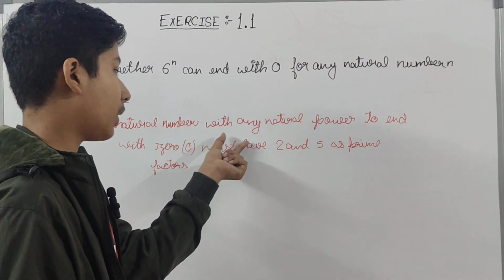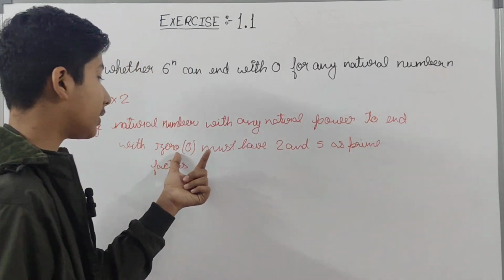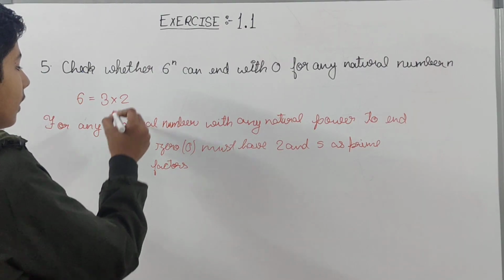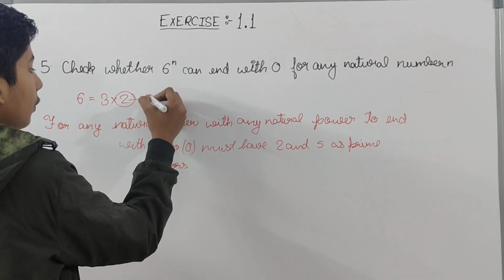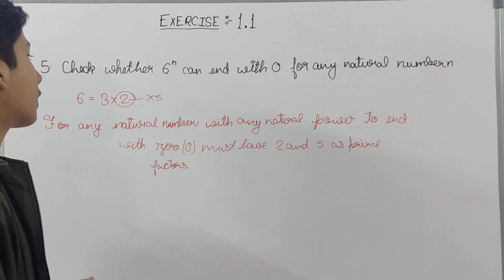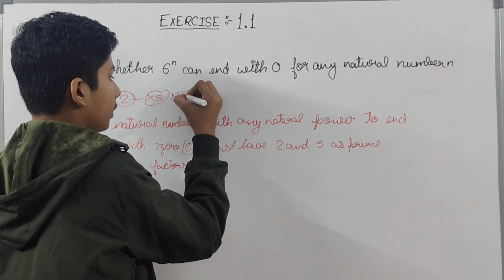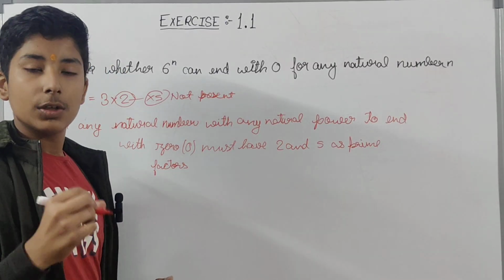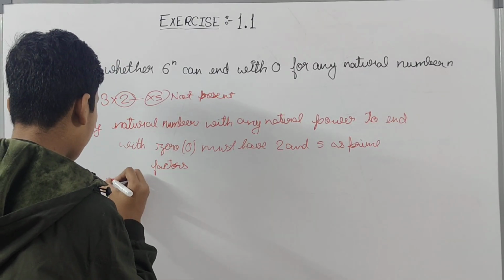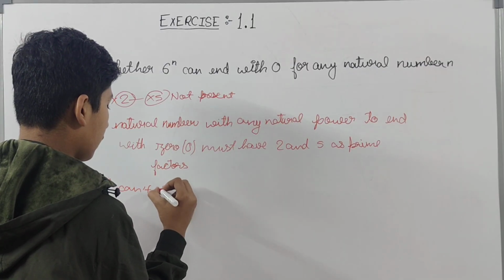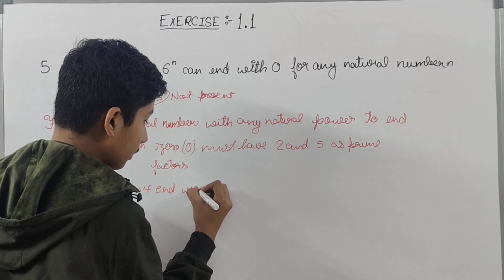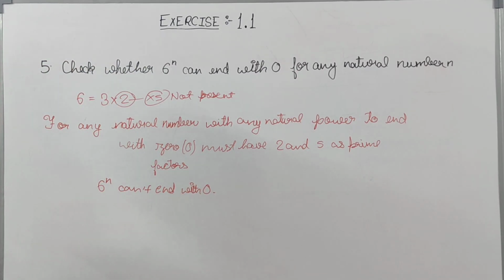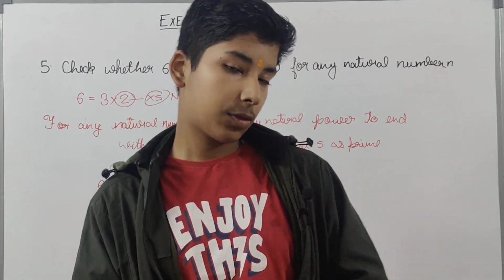But 6 does not have both 2 and 5. It has 2 but not 5. 5 is not there. So we can say that 6 to the power n can't end with 0. Done. This question was so easy.